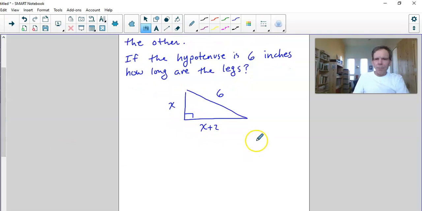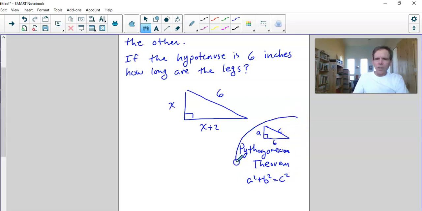Now I think everybody remembers the Pythagorean theorem. I'm going to have trouble spelling it maybe. Pythagorean theorem. Usually you're used to seeing it with an A and a B and a C, and the story goes A squared plus B squared equals C squared.